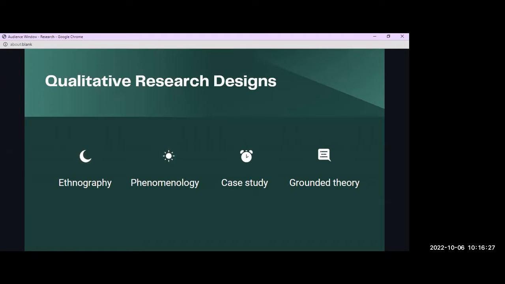So in most cases in qualitative research, phenomenology is usually used by the researcher because even if you have a work or you have studies, you can conduct a phenomenological approach, or a case study also, you can do that.